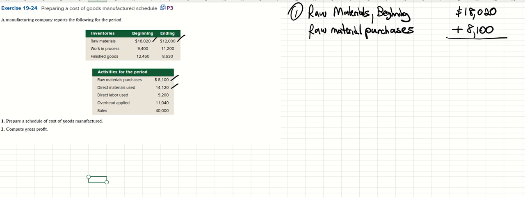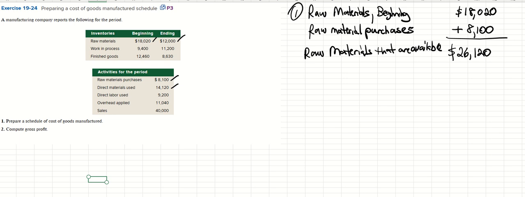So when we take $18,020 added to $8,100, that gives us $26,120. This is our raw materials that are available for use, okay?